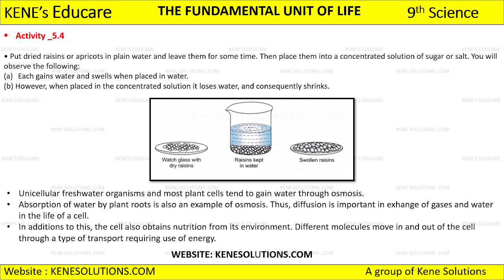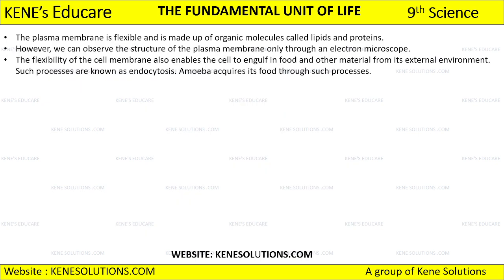After this, activity 5.4, here we have a concept called endocytosis in detail. Now, what happens in endocytosis is, amoeba is one of the best examples for studying endocytosis, as we know that amoeba doesn't have any shape and it is made up of a single cell. Amoeba is a unicellular organism, right? The organism which is made up of only one cell is called a unicellular organism, and amoeba is one such example.